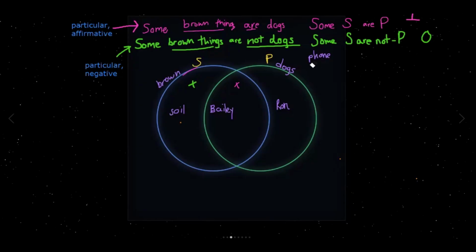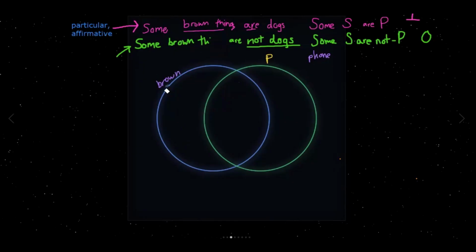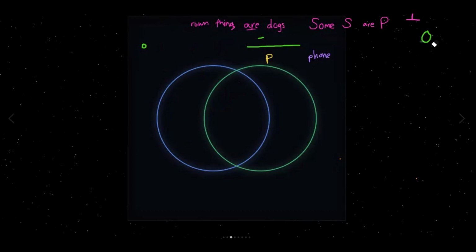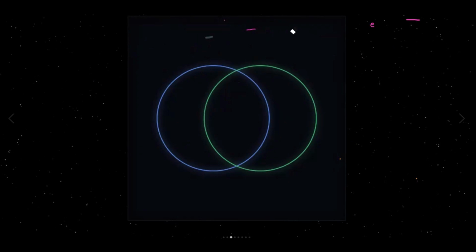So now we've gone over 4 types of categorical proposition and how they're represented on a Venn diagram. This is important because it can help us to make inferences. If we can really understand how these sentences get represented and why, then we can even represent purely the form of the sentence and be able to tell if an argument is valid or not, even without knowing which entities we're talking about.